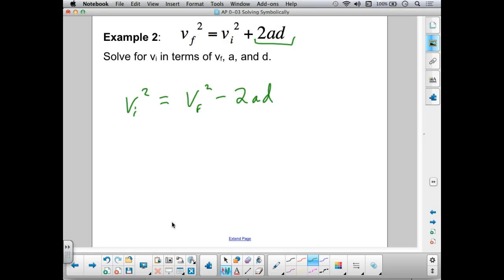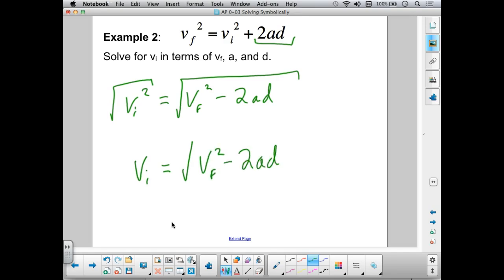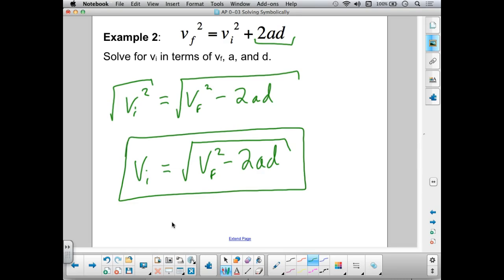I need to undo that square over there. I'm going to square root both sides of the equation, which gets me VI equals the square root of VF squared minus 2AD. And there we go. I have expressed the initial velocity as a function of all other terms.